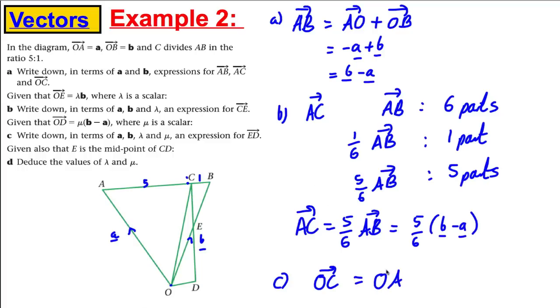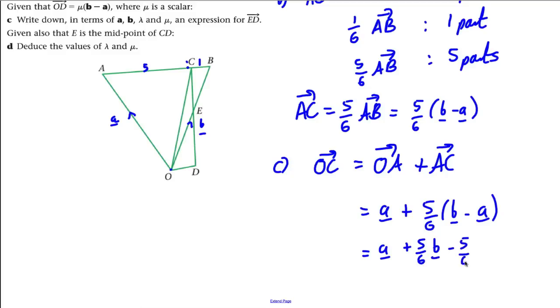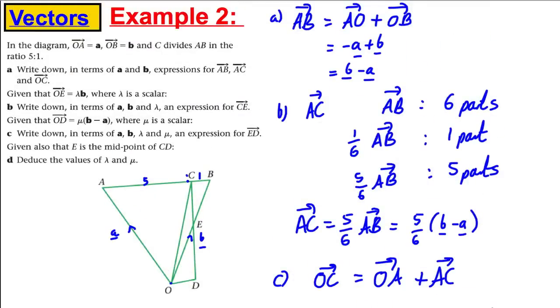So that's O to A plus A to C. O to A is vector a, and A to C is 5/6 (b subtract a). We could tidy this up: a plus 5/6 b subtract 5/6 a. I've got 1a take away 5/6 a, which is 1/6 a, so I've got 1/6 a plus 5/6 b. And that is how I answer part a.